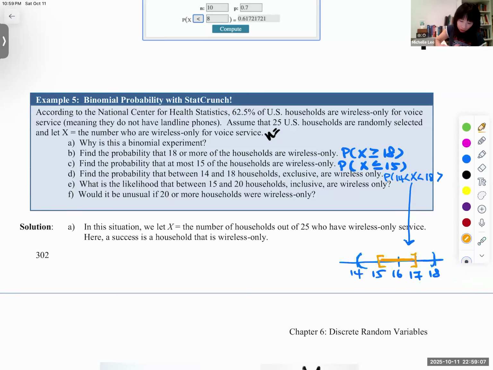Okay, now E, between 15 and 20, inclusive, right? So this is exclusive, this is inclusive. So this is easy. We can just do x is between 15 and 20. Yeah.